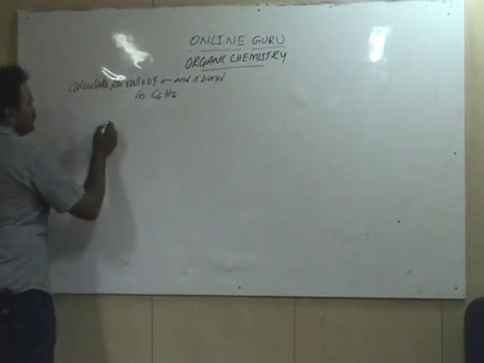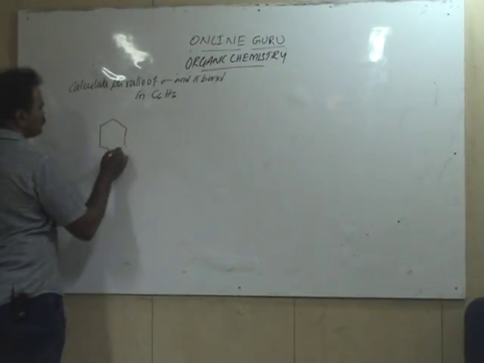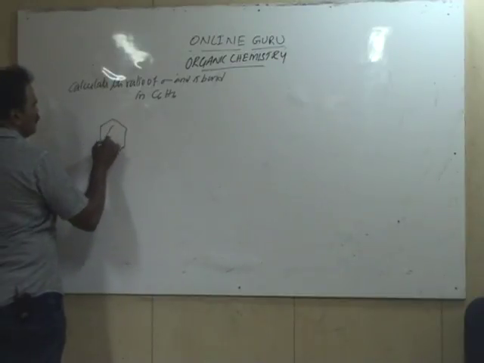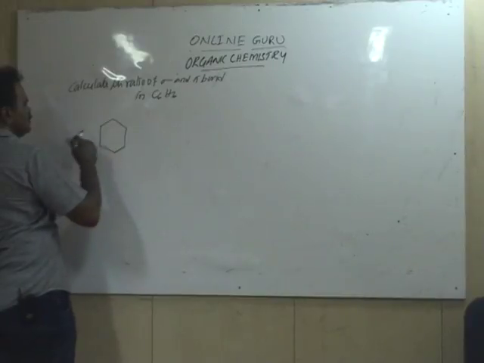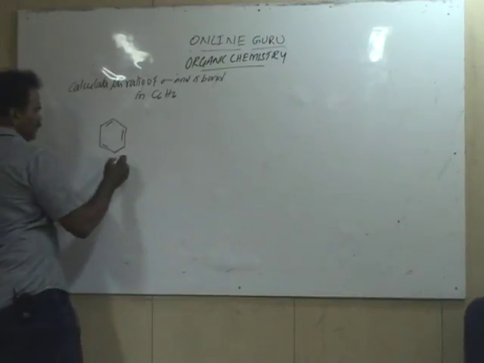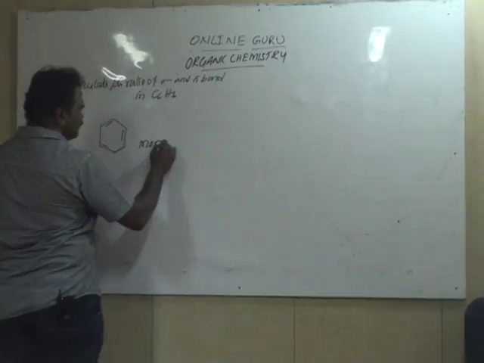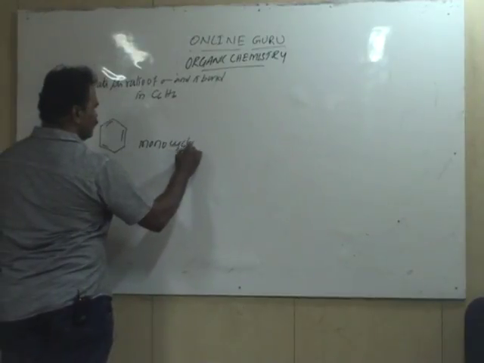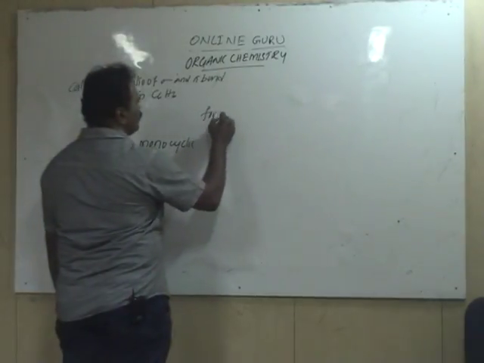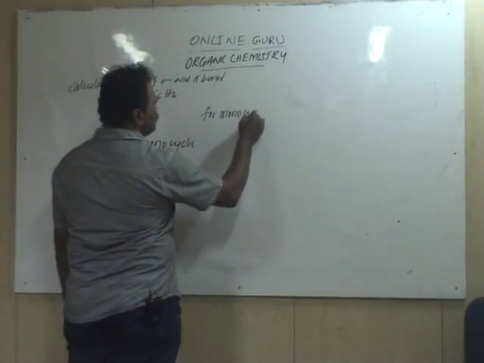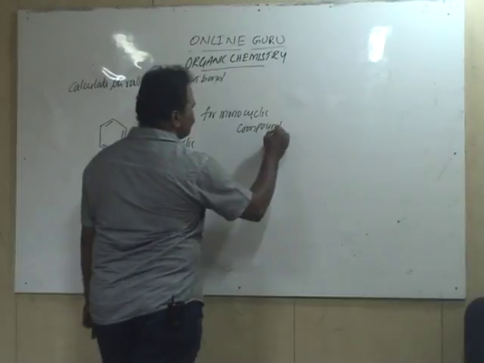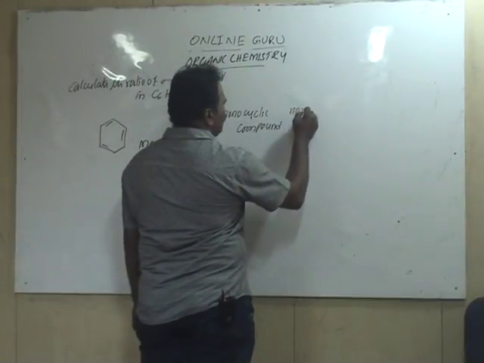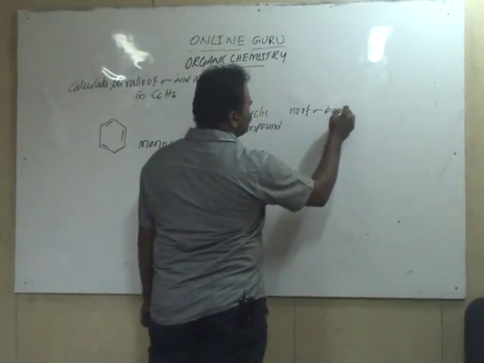Benzene is a monocyclic compound, formula C6H6. For a monocyclic compound, the number of sigma bonds equals atomicity.